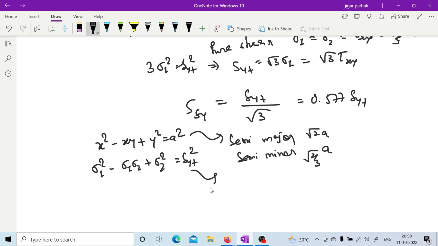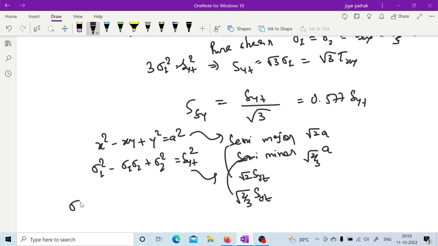Similarly for this one, the semi-major and semi-minor axes will be root 2 SYT and root 2 by 3 SYT. This is how you have it in case of the maximum distortion energy theory.